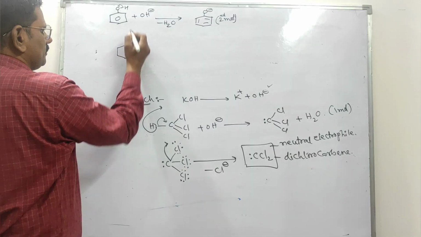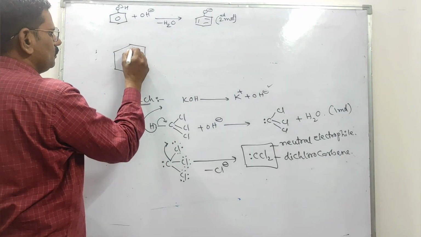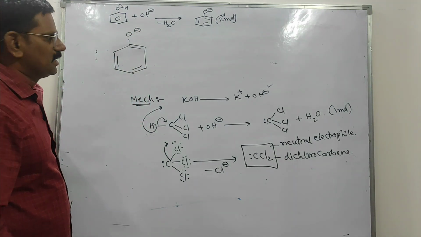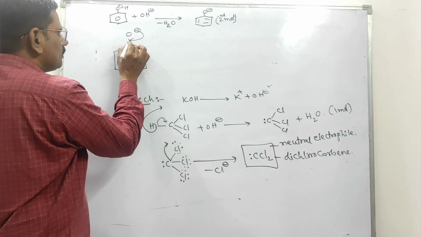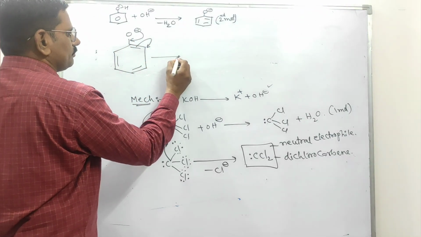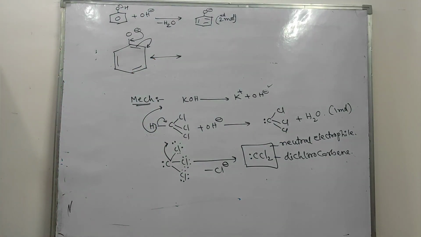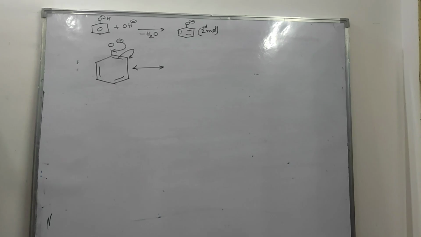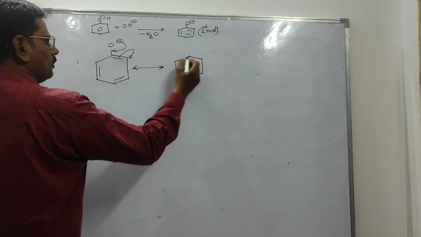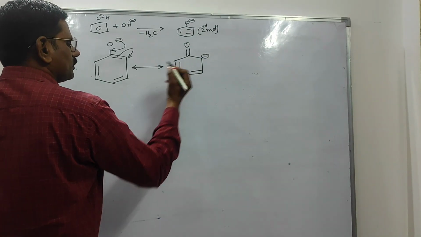This phenoxide ion, I am writing as a bigger molecule for our convenience to understand. When this bond comes here, this bond shifts towards the corner. Now, one of the resonating structures is formed. In this resonating structure, here a double bond is there, here a negative charge is there.